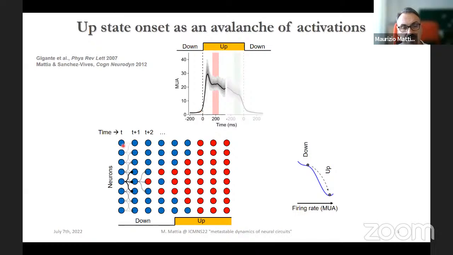Now, imagine that these are the single neurons of a cell assembly we are sampling, and whenever one of them, by chance, starts to fire, this red one, it will deliver this activity through synaptic transmission to others, and then a chain reaction starts. This is the reason why you have this very stereotyped and sudden transition from down to up, which under mean field description, as discussed before, can be represented as a downhill pathway from the down state towards the up in this bistable dynamics.